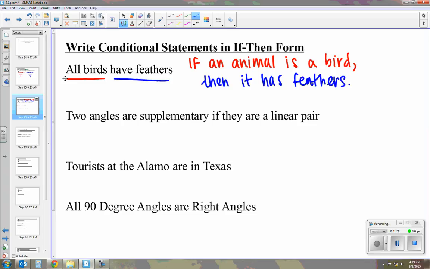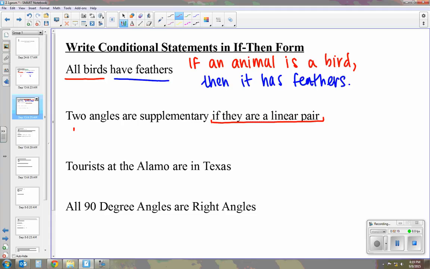Okay, so let's look at our next one. The next one is a little tricky because they've actually already given us our hypothesis. If we see the word if, that tells us the statement right after it is our hypothesis. So in this special case, we already know the hypothesis, and it's the second statement.